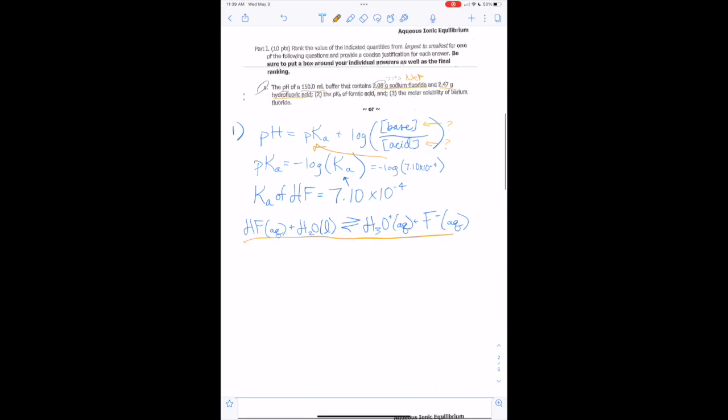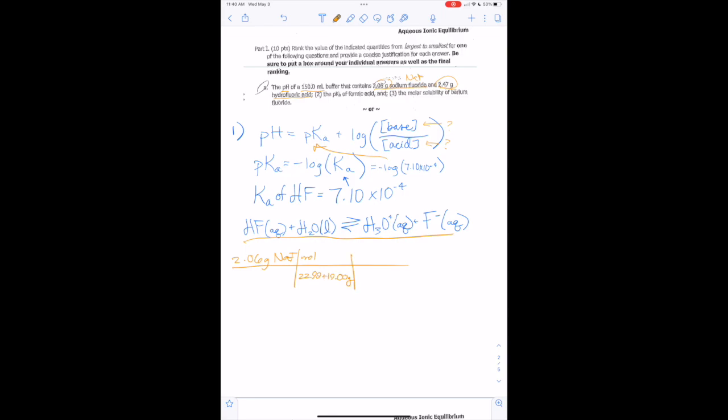So to do that, I'm going to take my masses I have here, and I'm going to convert them into molarity because that's what we're looking for when we're looking for concentration. So 2.06 grams of sodium fluoride. We're going to multiply by the molar mass to get moles in the numerator. So that's going to be 22.99 plus 19.00 grams.